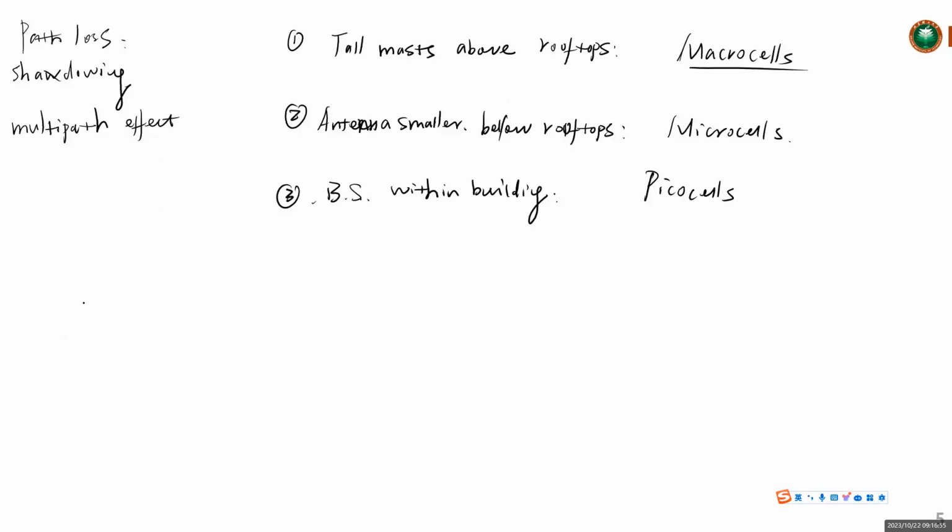And the last size is when satellites are used, with a much higher antenna height. We can call it megacells.